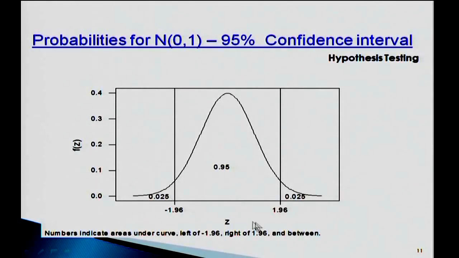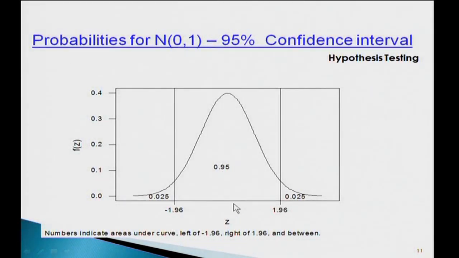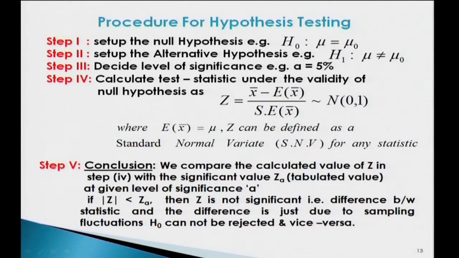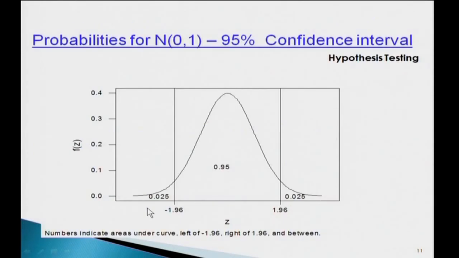If z cal lies in the range of minus 1.96 to 1.96, taking the modulus, meaning absolute value. If it is minus 1.45, say you calculate this, you take the modulus, this becomes 1.45. You compare this with z tab, which is 1.96. So, 1.45 is certainly less than 1.96. So, hence this is lying in this region.